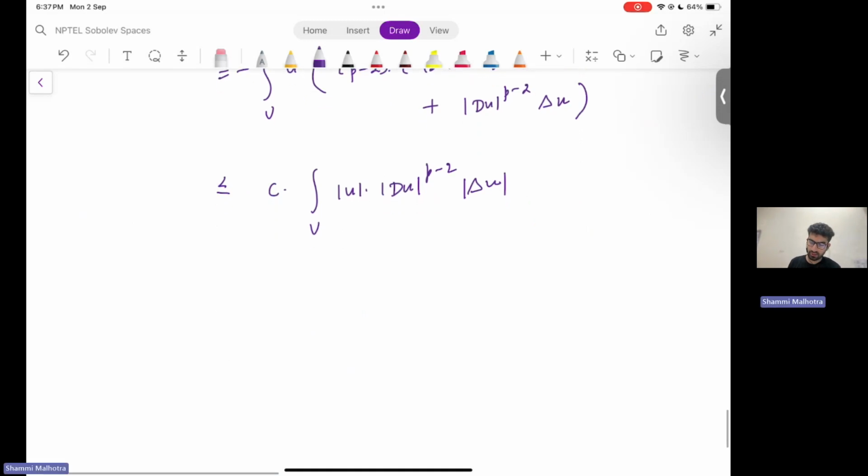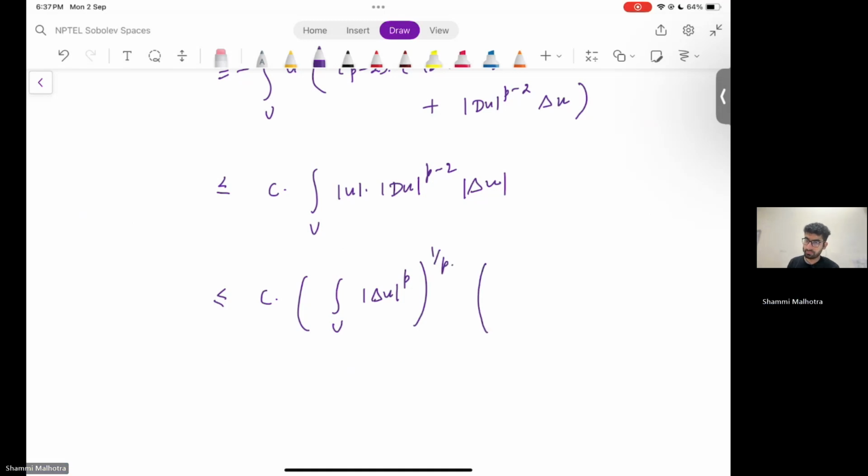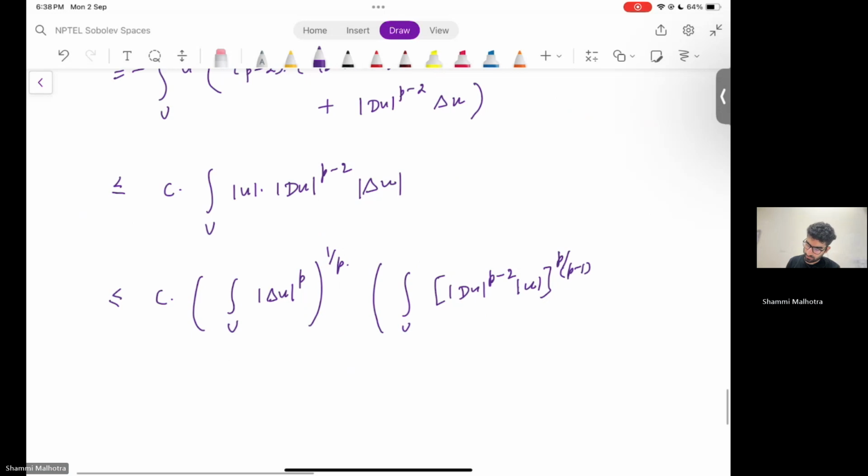Now, to deal with this, we will apply Hölder inequality. So we first go with this module. Here we just apply with the Laplacian of u to the power p, 1 by p. So the conjugate exponent is nothing but p upon p minus 1, whole to the power of p minus 1 divided by p.